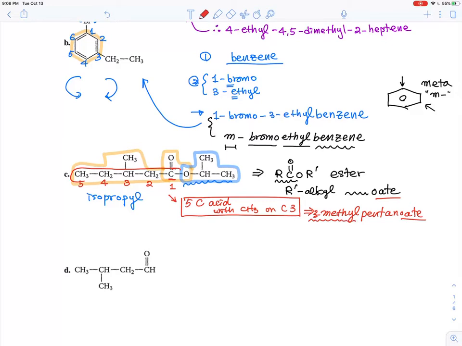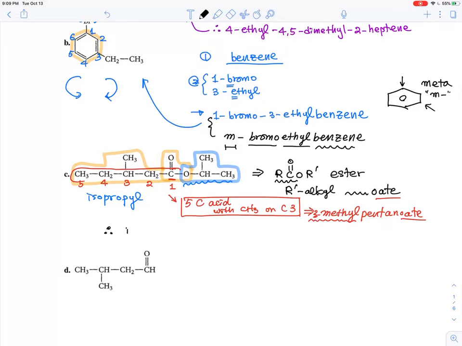That's what it means: the methyl is attached at the carbon 3 position, where the backbone of the acid portion is a 5 carbon base. So now finally, you're putting those two together.